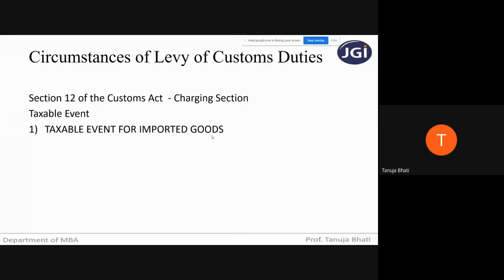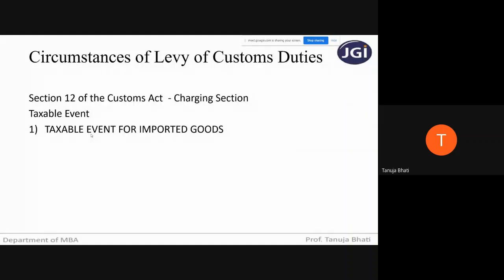Now suppose the importer is keeping the goods in the warehouse, the taxable event will not be when he is taking the goods from custom port to warehouse. It will be when he's taking the goods from warehouse for home consumption. So the taxable event in case of home consumption is when he is filing the bill of entry, and in case of warehouse, it is when he is filing the bill of entry to move the goods from warehouse to home consumption and not from the custom port to the warehouse.